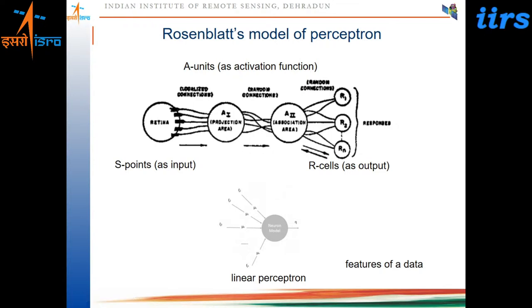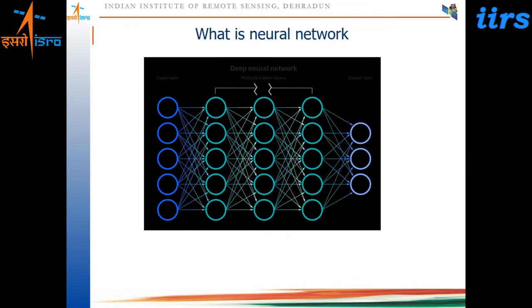Slowly this linear perceptron model got further extended with the increase in computational power, and people started using multiple layers of it.